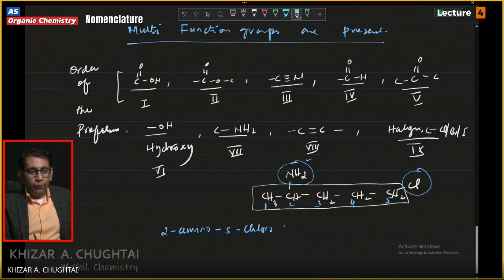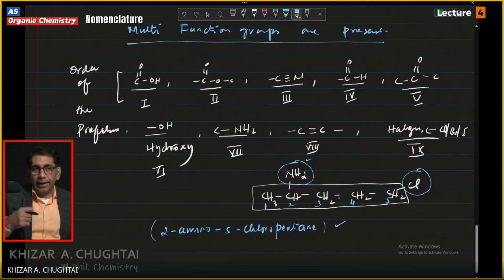So 2 amino, 5 chloro. Then there must not be any dash or comma. You will write a continuous name. 5 carbons are there, and 5 carbon names start from pent. All carbons are single bonded, so you will write ane. That's all. So the name of this compound is 2 amino 5 chloro pentane.